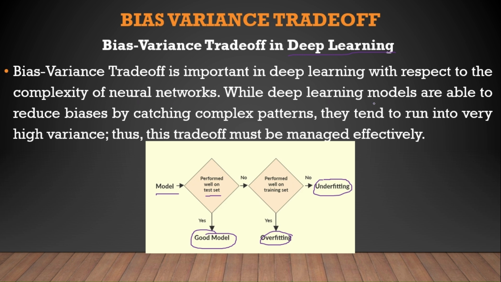While deep learning models are able to reduce bias by capturing complex patterns, they tend to run into very high variance. This trade-off must be managed very effectively. So in deep learning, if it works well on the test datasets, then it is a good model.